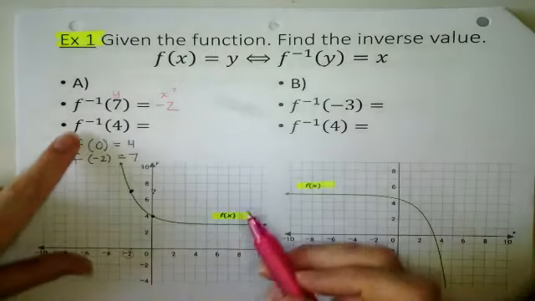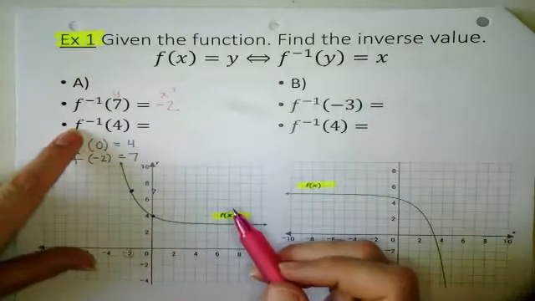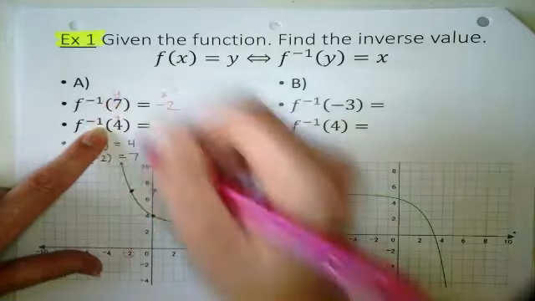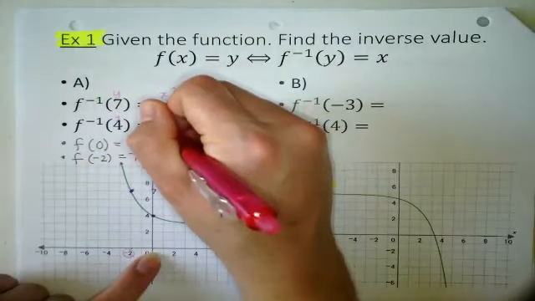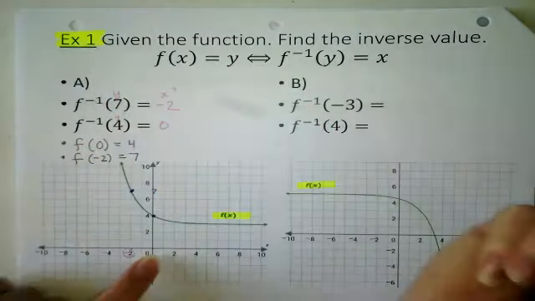And then this is saying, if our inverse was evaluated at 4, so the y value was 4, what was the x value? Well, the x value was 0. And you can see that they just swapped positions. So kind of interesting. I'm not going to do that on this one.